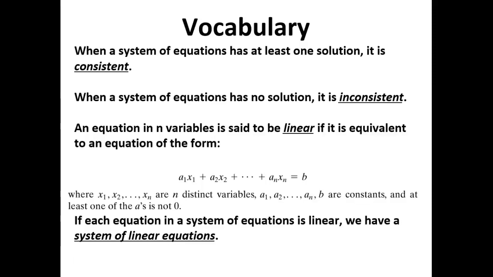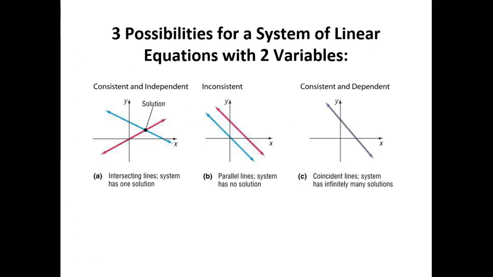An equation in n variables is said to be linear if it's equivalent to the form a1x1 plus a2x2 and so on. What this is saying is we have distinct variables here, and the a's in front are just numbers, and at least one of the a's is not 0. So if each equation in a system is linear, then we have a system of linear equations.